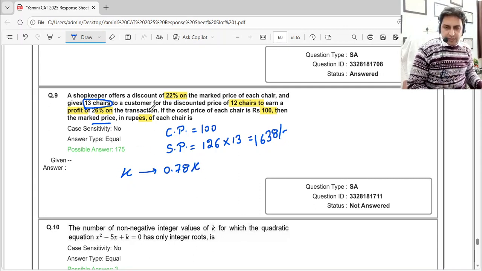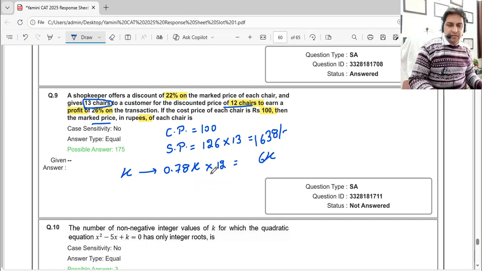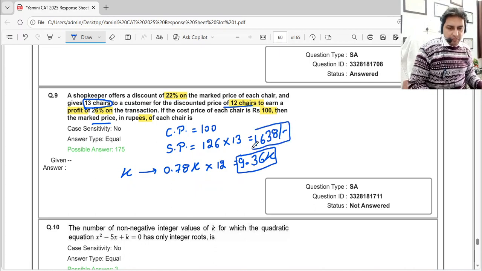But he has sold 13 chairs at the discounted price of 12 chairs, so in total he received 12 into 0.78x, which is 9.36x. This is the amount he is receiving, and this is the actual amount which we calculated with the help of the profit percentage. So both of them have to be equal. So 9.36x should be equal to 1638. To find x, we just divide 1638 by 9.36.